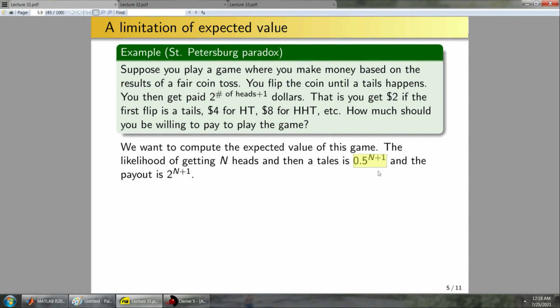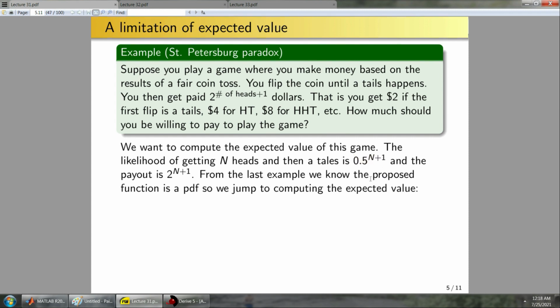And the payout for this, well, I was told that's simply 2 to the number of heads plus 1, so 2^(n+1). Okay, so from the last example, I know that this likelihood function is a PDF, so I can skip the hurdles of checking that it's a PDF and that my work is valid, and jump straight to computing the expected value.